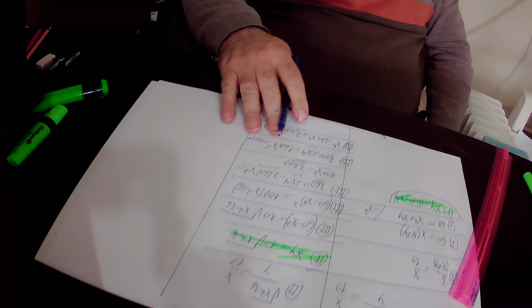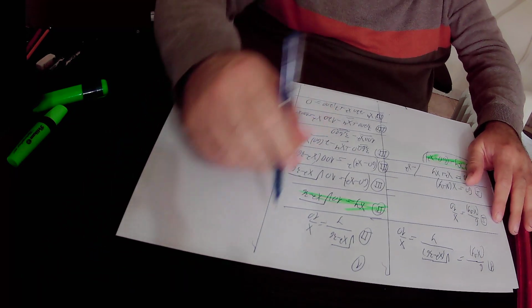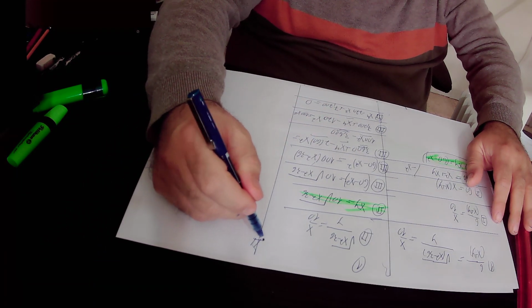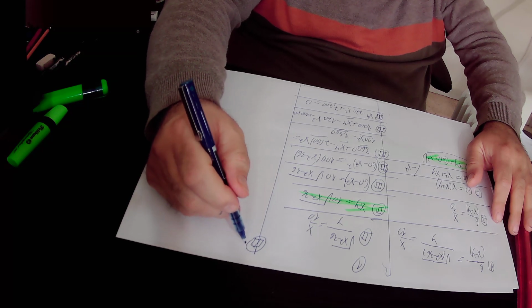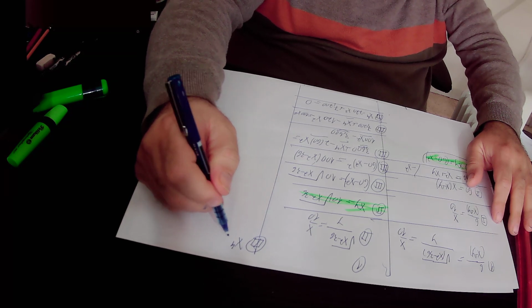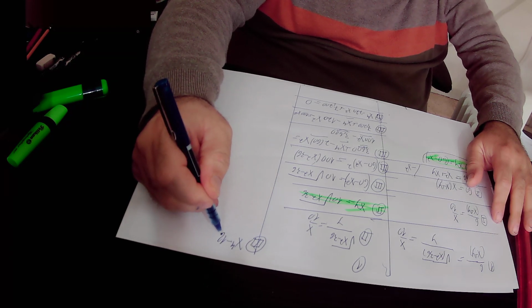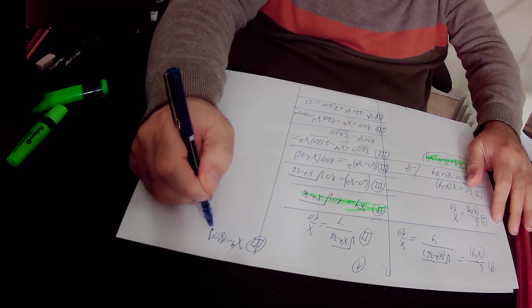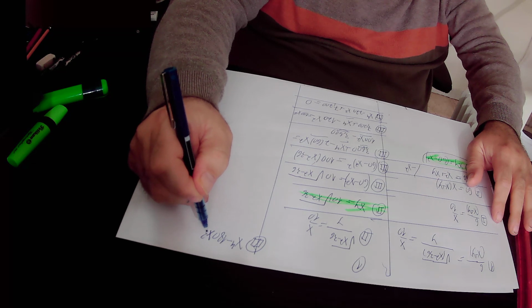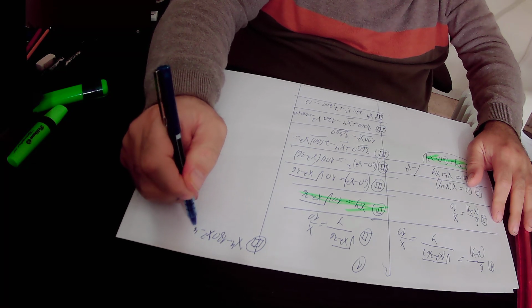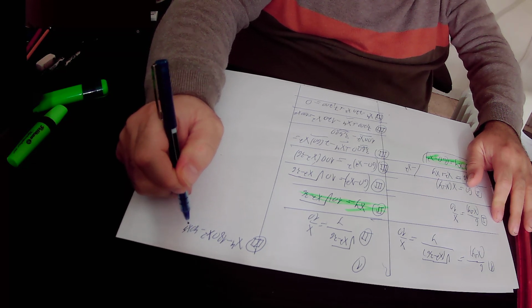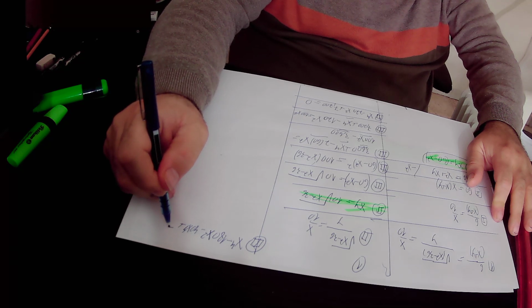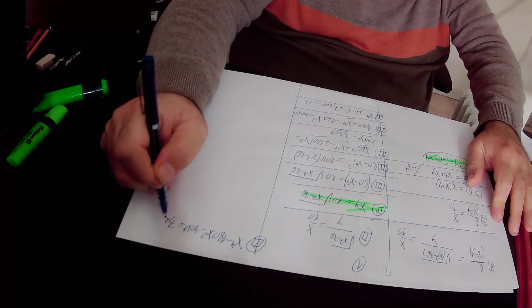And we will get that according to equation number 3, x to the power of 4 minus 180 x squared minus 40 x squared plus 7200 equals 0.